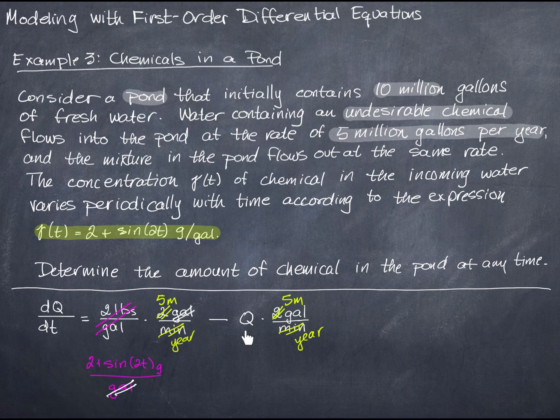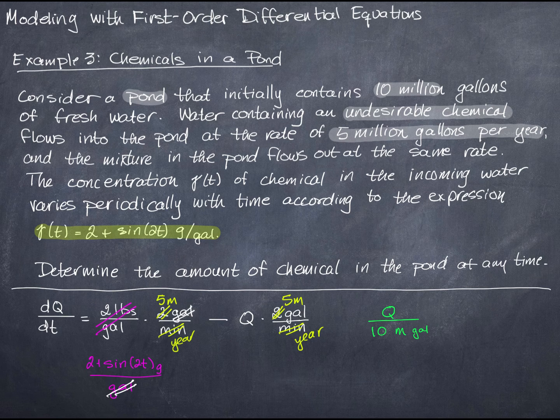Now, Q represents the amount of salt, or in this case, the amount of chemical in the water at time t. So instead of Q here, because we worked with a concentration here, we need to work with a concentration as well. Q is the amount of stuff in the water, but we have 10 million gallons.